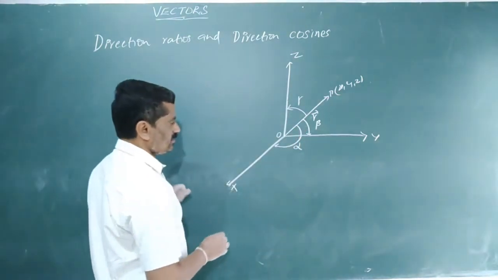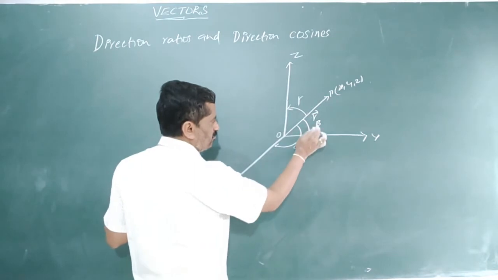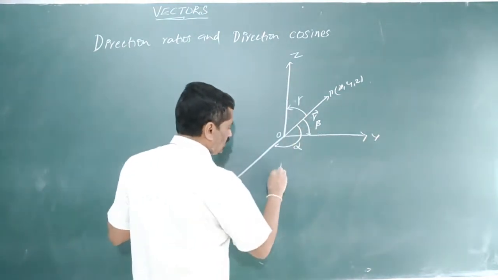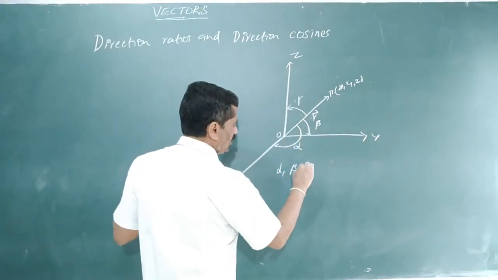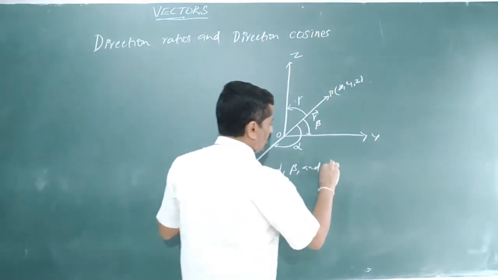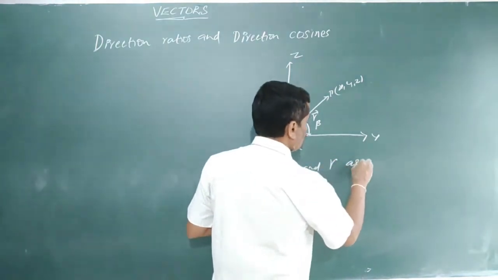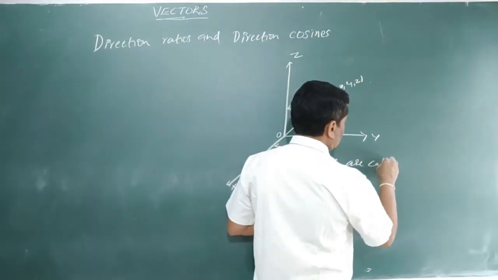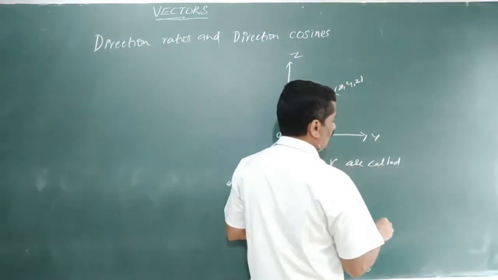Here alpha, beta and gamma are called directional angles.